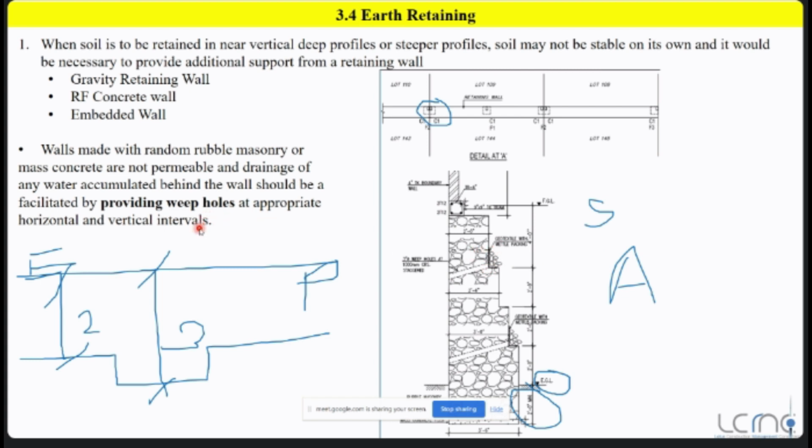You can see the weep holes. Now what is a weep hole? Why are we providing these weep holes? There will be groundwater, so there will be induced water pressure from this active side, so you need to release the surcharge. I'm not going to explain this technical terminology.